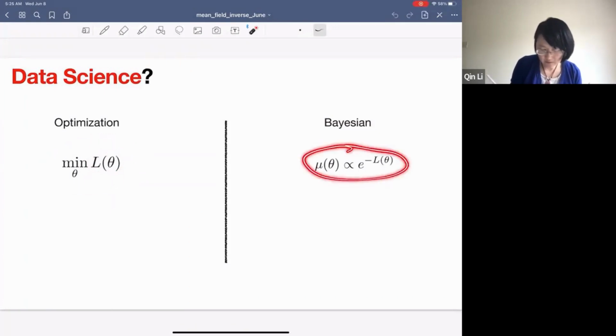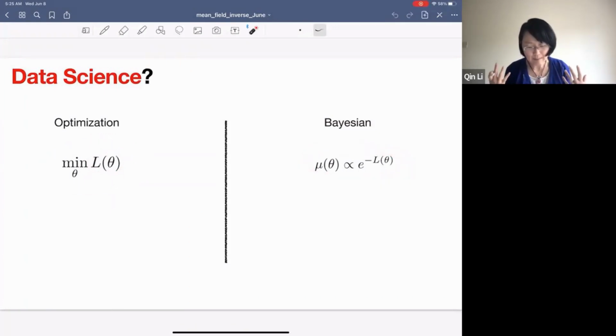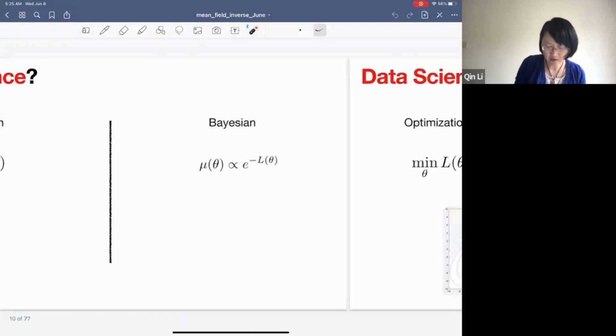Bayesian is slightly different. Bayesian takes a probability perspective. Instead of looking for one configuration of theta, it says all theta are possible. It's just some theta have a higher probability than the others. So in some sense, Bayesian is looking for the whole profile of the probability, but optimization looks for one particular configuration.